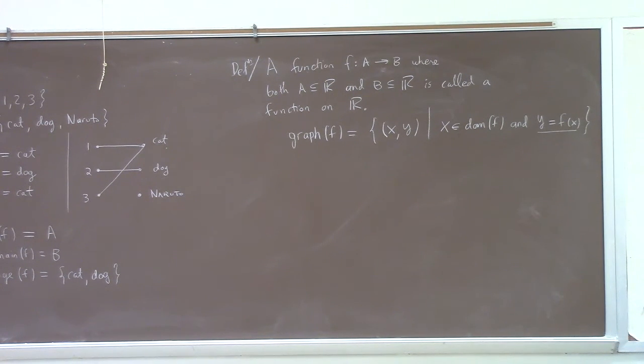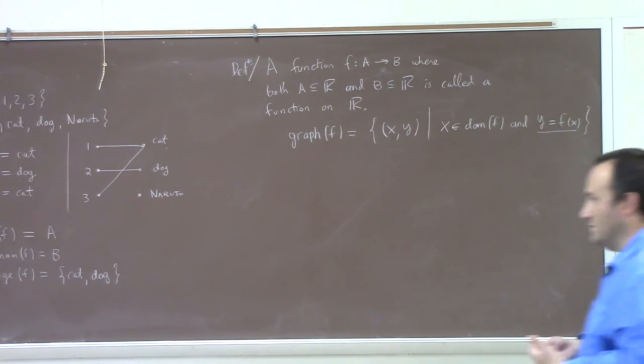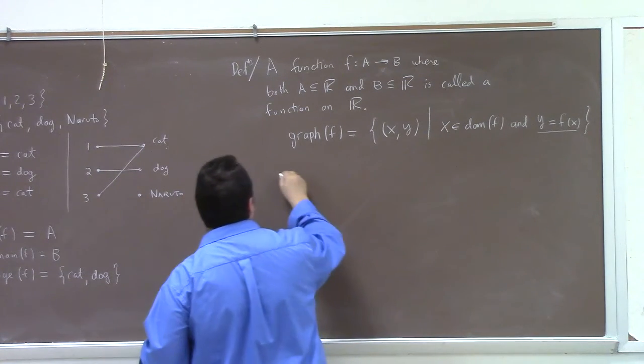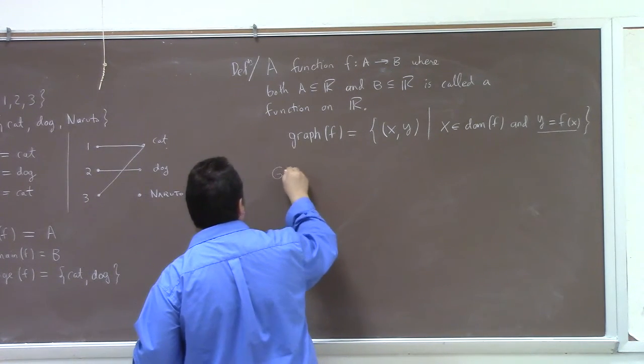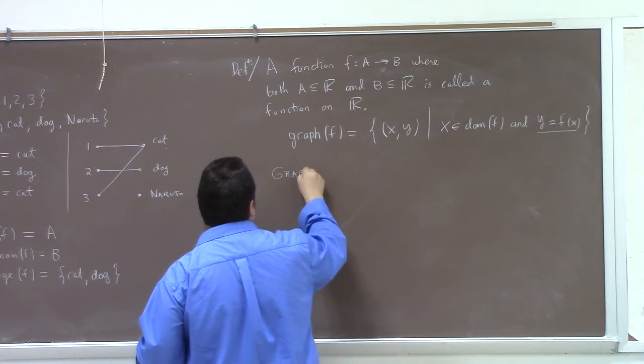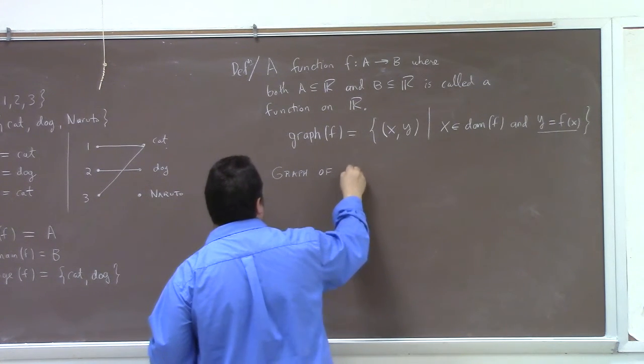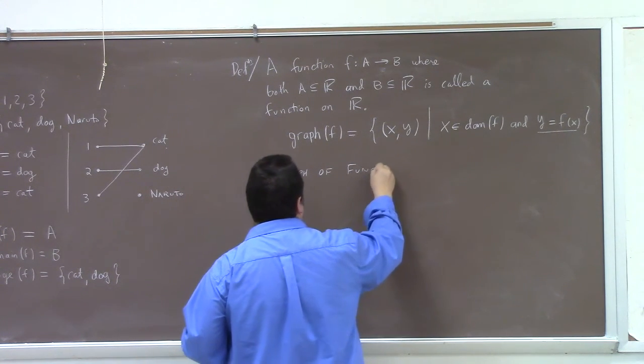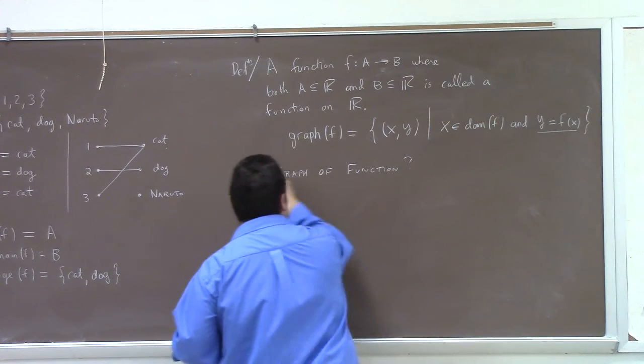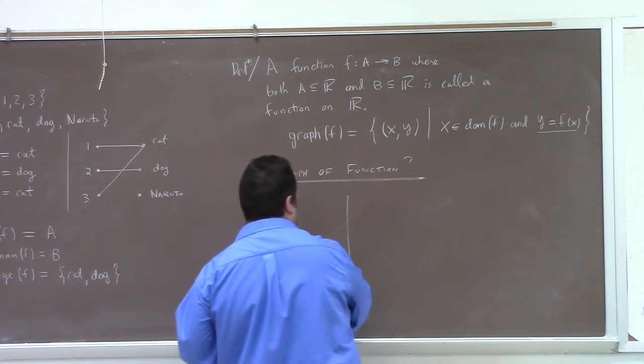So let me draw a potential graph of a function, and I want you to explain to me why it can't actually be the graph of a function. So I'll say graph of function, question mark. So let's look at it.